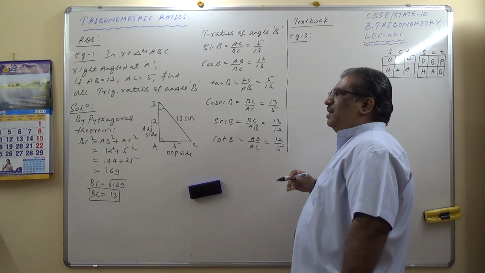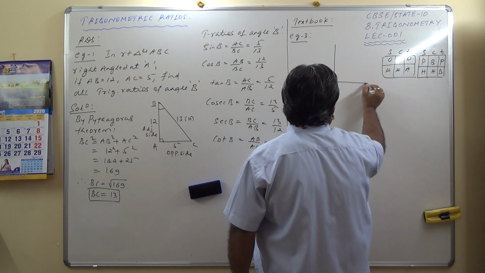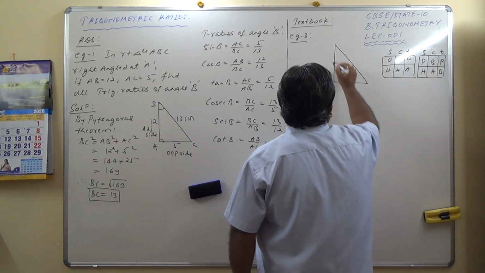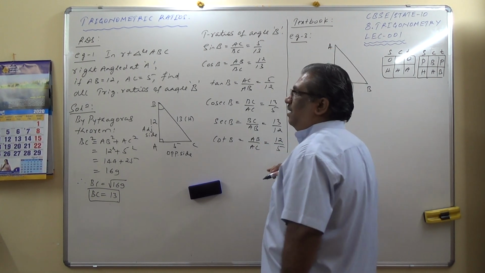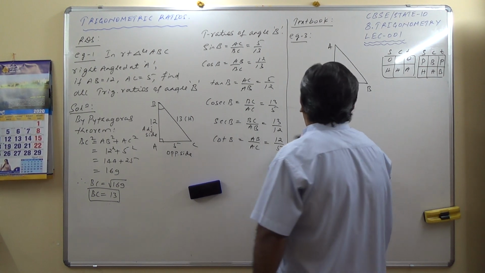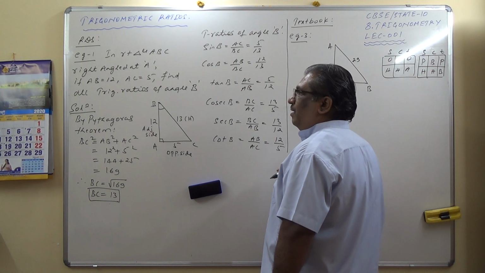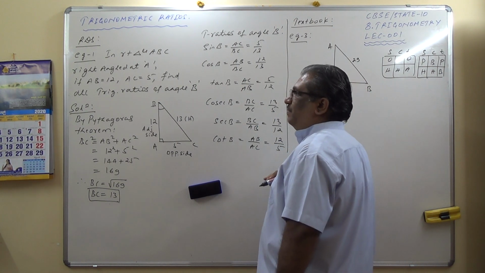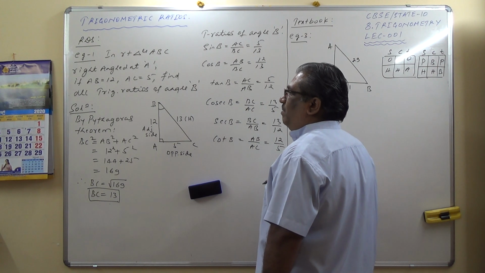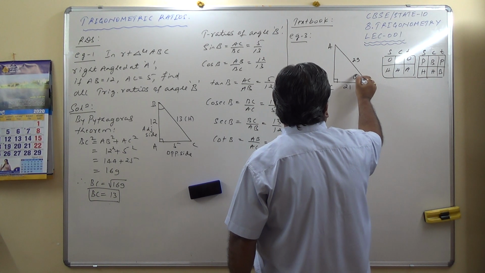What is given is triangle ACB. This is what is given to you: right angled at C, and AB is 29 units, and BC is 21 units, and angle ABC is theta, this angle is theta.